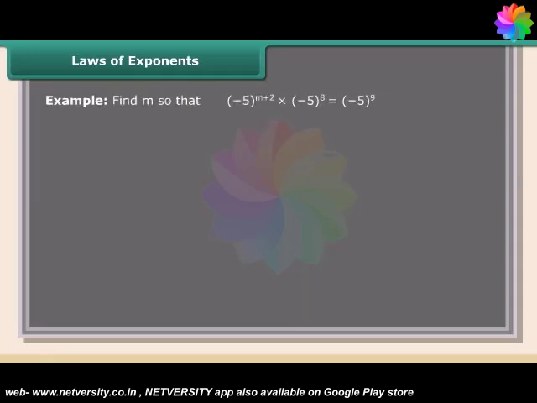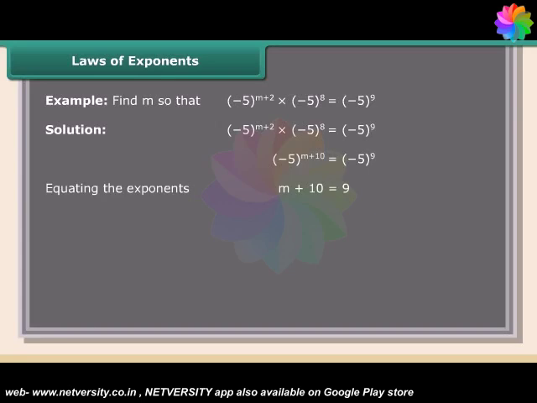Example: find m so that (-5)^(m+2) into (-5)^8 is equal to (-5)^9. Solution: (-5)^(m+2) into (-5)^8 is equal to (-5)^9, so (-5)^(m+10) is equal to (-5)^9.